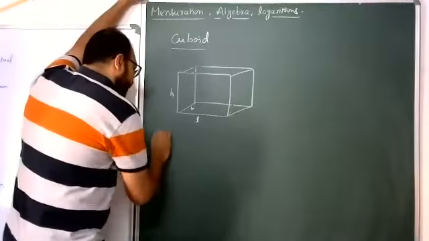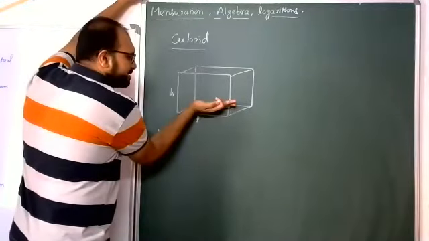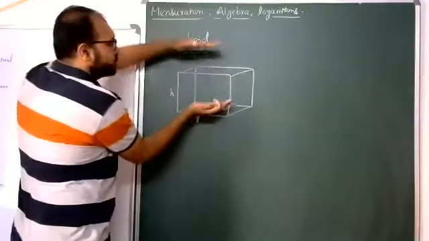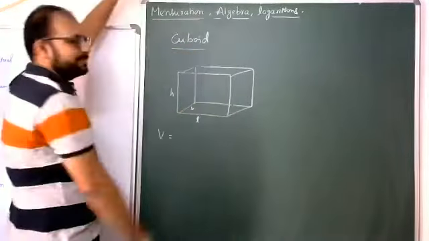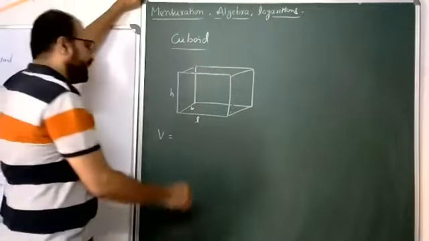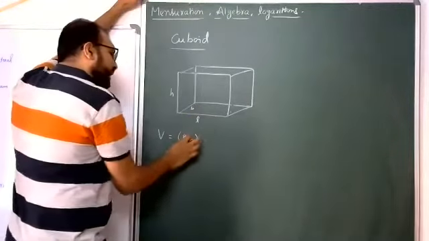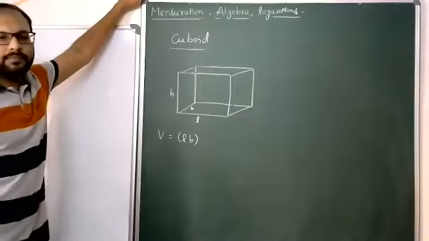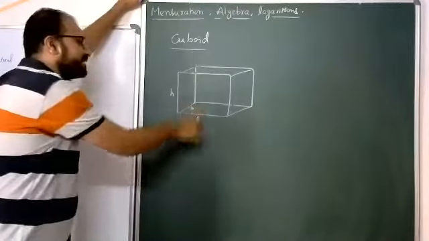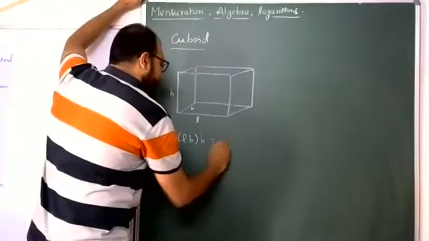You all know, students, volume is nothing but the base area, and these two opposite faces have the same area, that area is LB, area of base into the perpendicular distance between these two bases. What is the perpendicular distance? H. So volume is LBH.